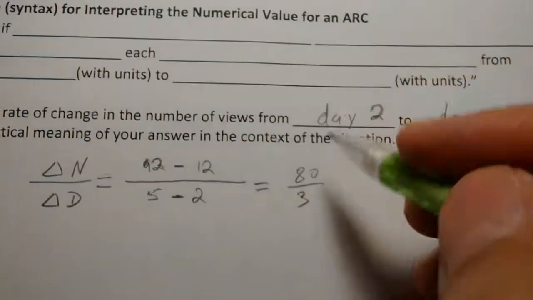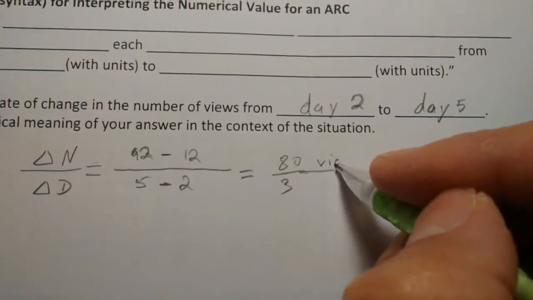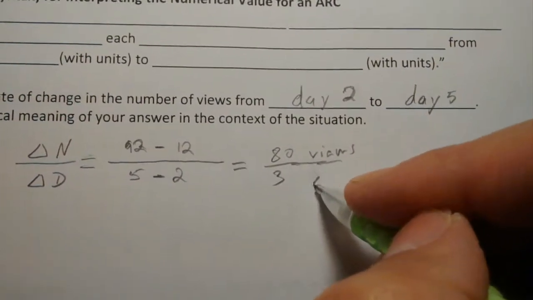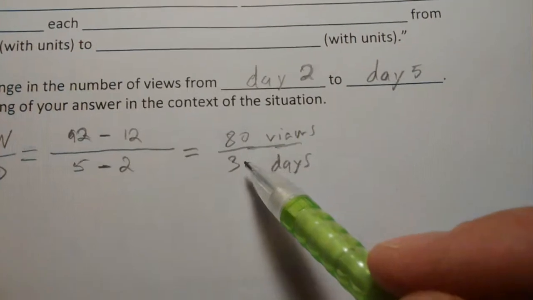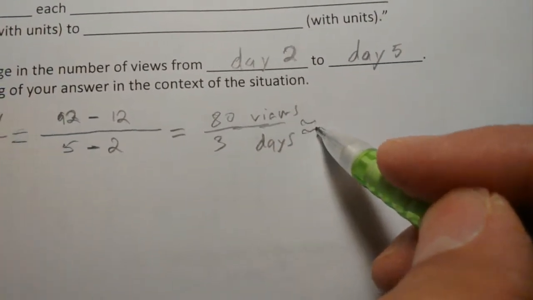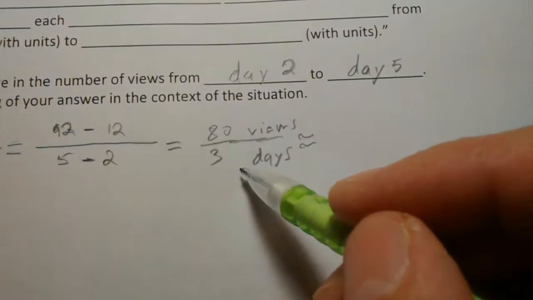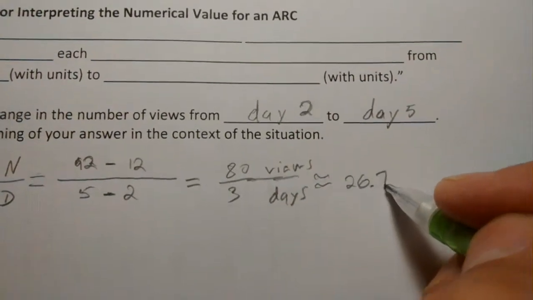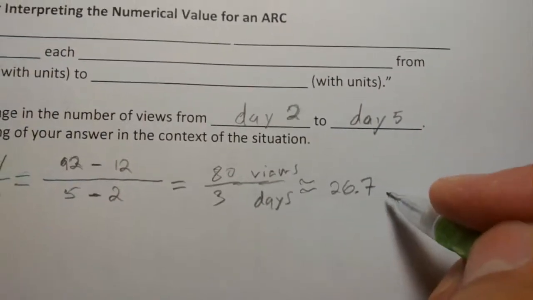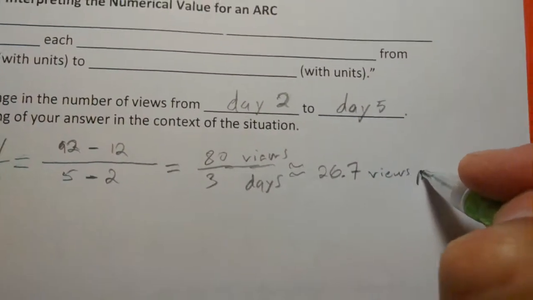views over 3 days, so it changed overall by 80 over 3 days. But when you actually do the division, 80 divided by 3, you should do that in your calculator, you're going to get approximately 26.7 with those units there, views per day.